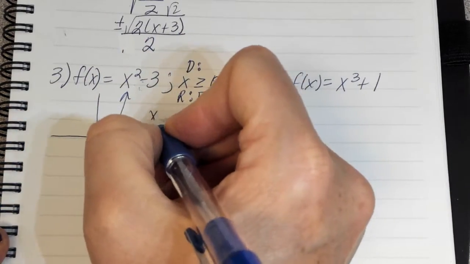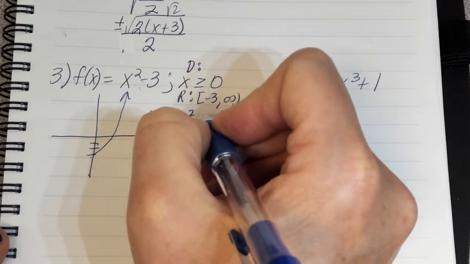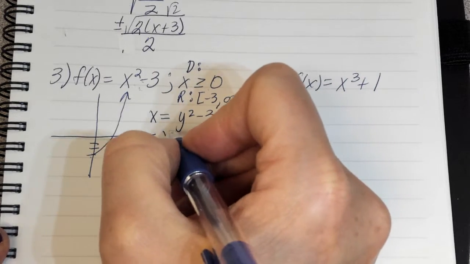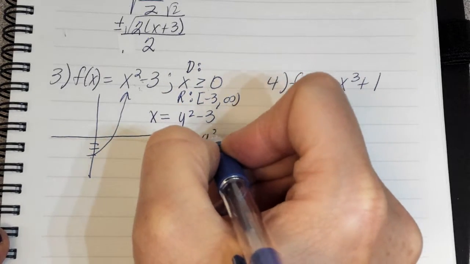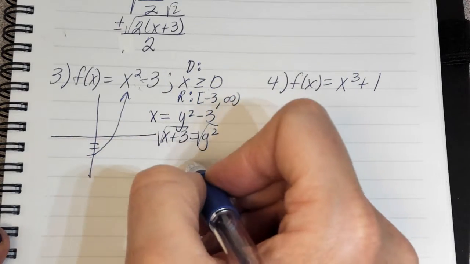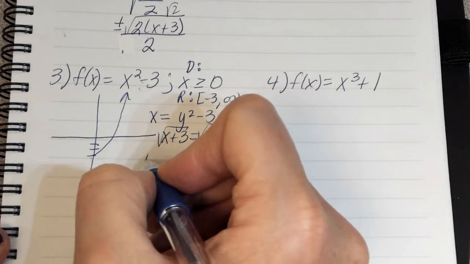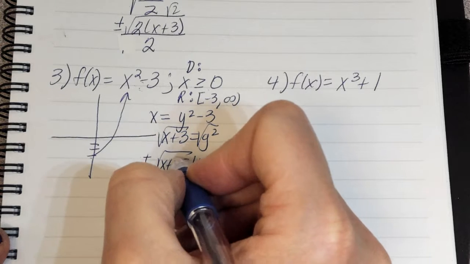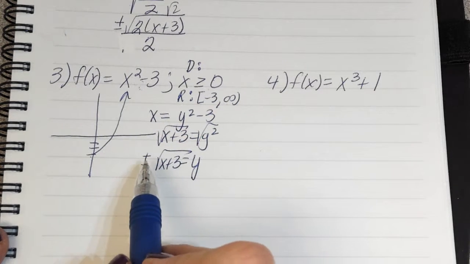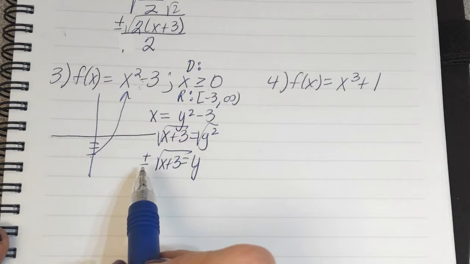My y becomes x, my x becomes y. I'm going to solve this. Take the square root of both sides. So the question is, do I really use plus or minus on this one? Why not, Maren?